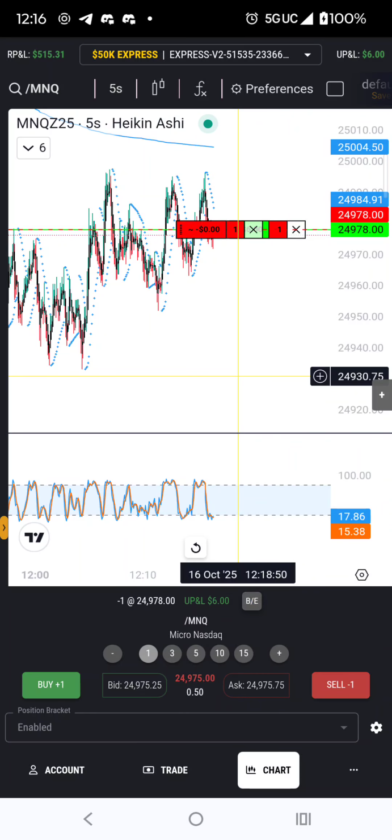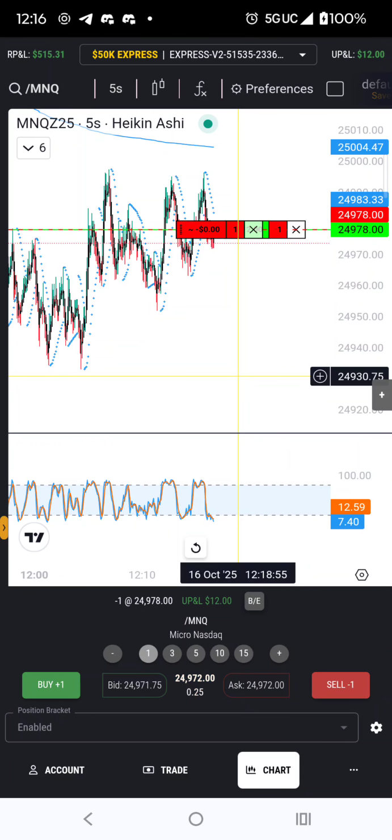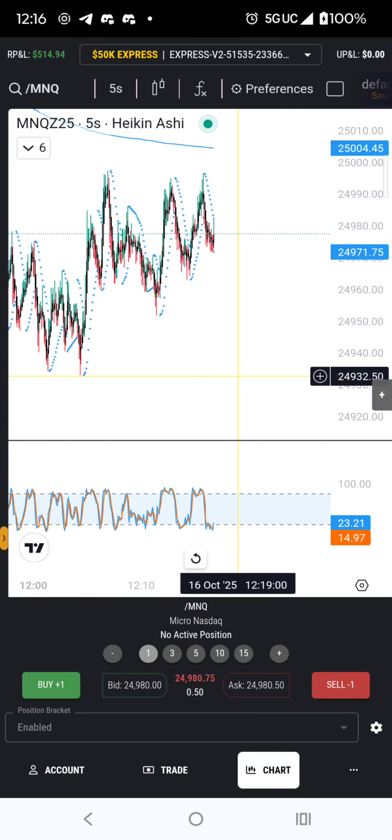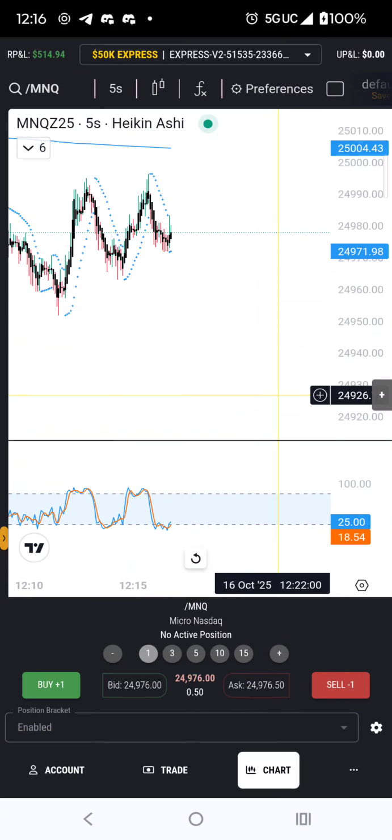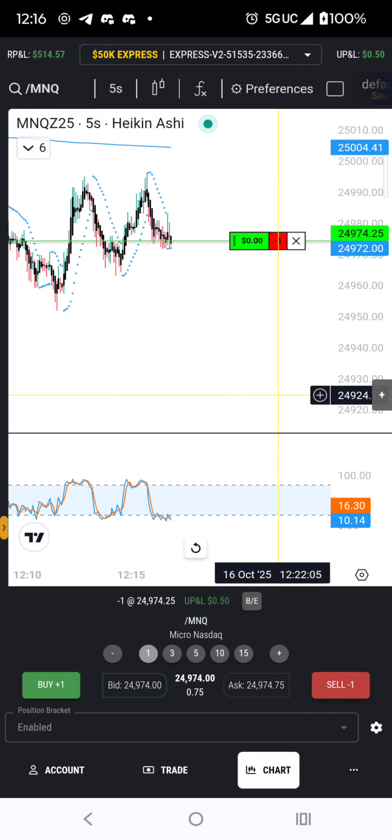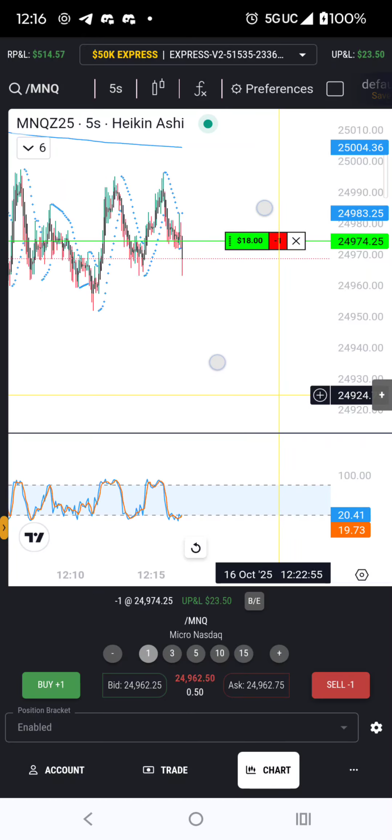We're going to break it even and hope that we'll get a better entry. If it don't hit it, then we lit. There we go. You see? Pull back up. Give us a better one. There it is. Same one.